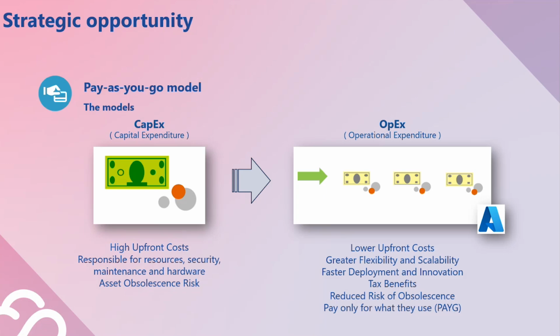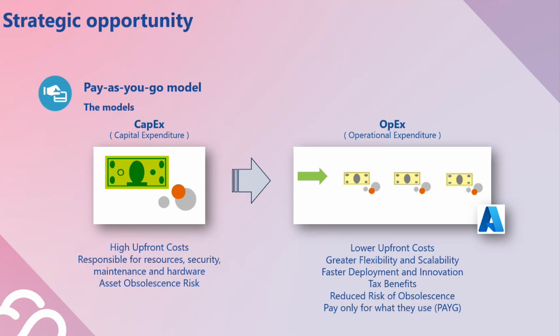First item, the billing model, called pay as you go, where the customer pays only what it consumes. This allows the customer to switch from CAPEX mode to OPEX, to get free from the constraints of the on-prem environment, such as high upfront costs, resources, security maintenance, hardware responsibility, and the risk associated with asset obsolescence.